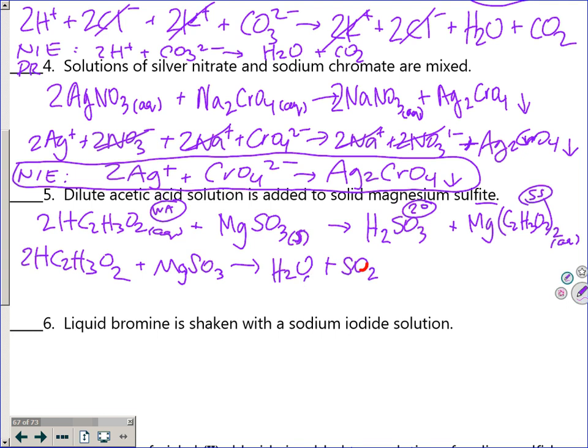Okay, so this is a liquid if you want to write the state of matter. This is likely a what? Gas, because it's a covalent molecule. And then what does this do? Mg 2 plus and 2 acetate ions. Good.